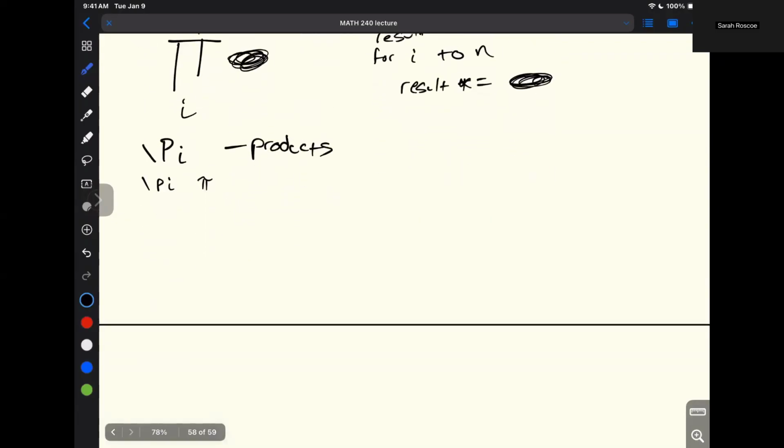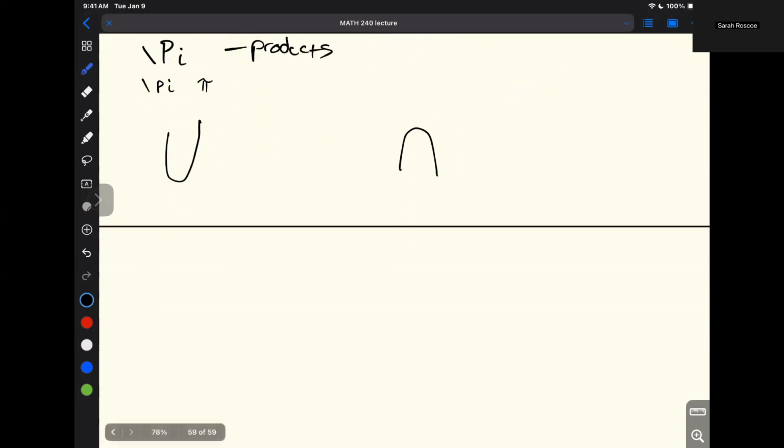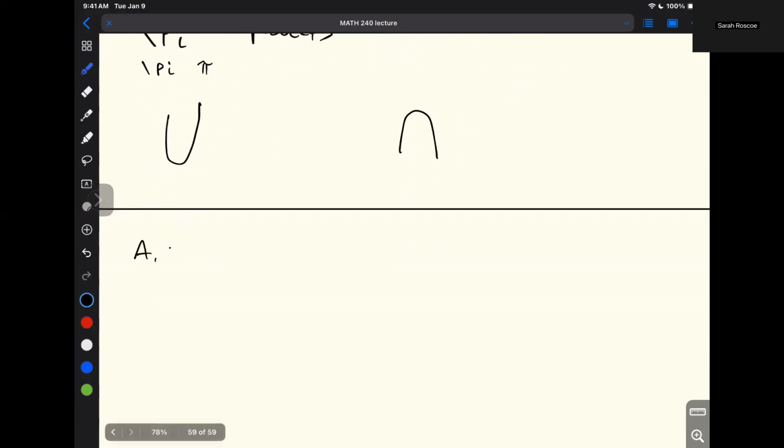We can also do that with unions or intersections. Sometimes you'll see, if I want to union A1 with A2 with A3 and so on up to n, I can just write that as union from i to n of A_i.